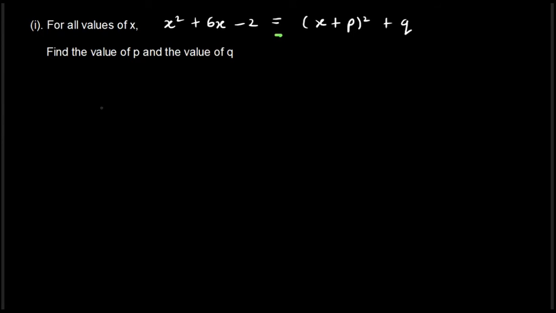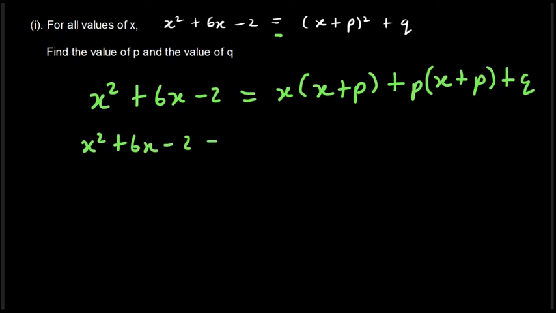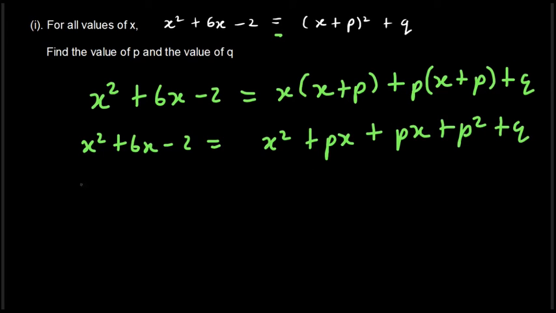So the way we solve it is x squared plus 6x minus 2 is equal to (x plus p) squared plus q, and we need to expand the brackets. x times x is x squared, plus px, plus px, plus p squared plus q. Let's group like terms.